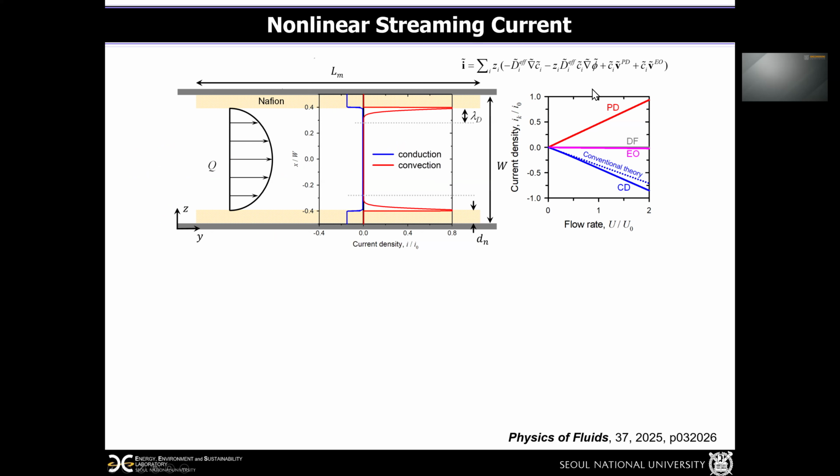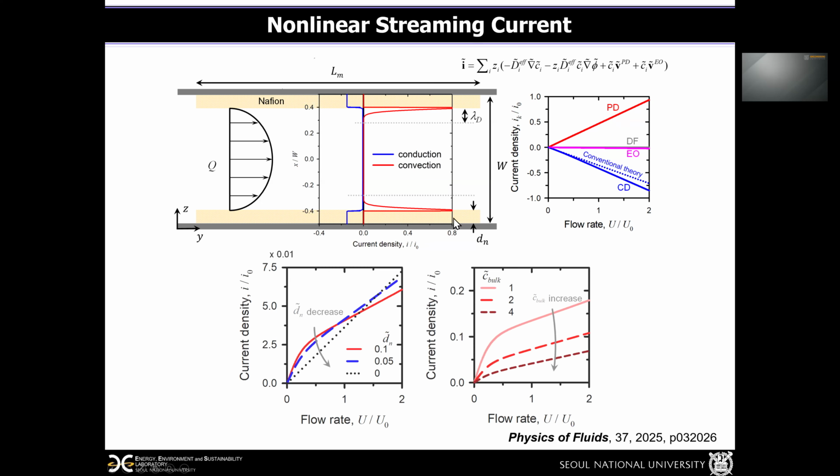As you can see in this graph, the diffusion and electroosmotic flow are negligible, but as the pressure driven convection increases, the conduction contribution also increases. This behavior is the key mechanism of this work.